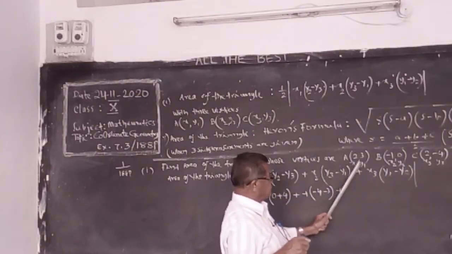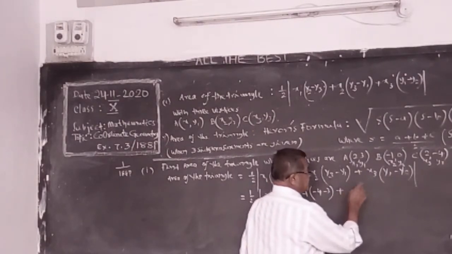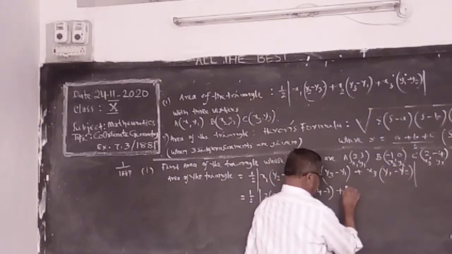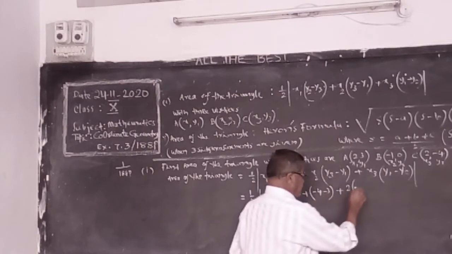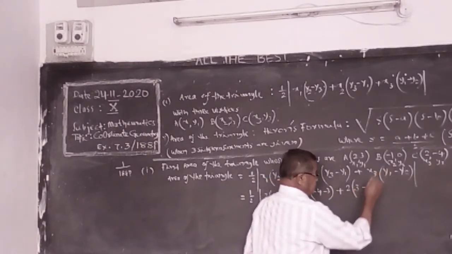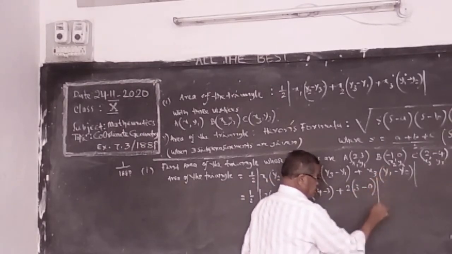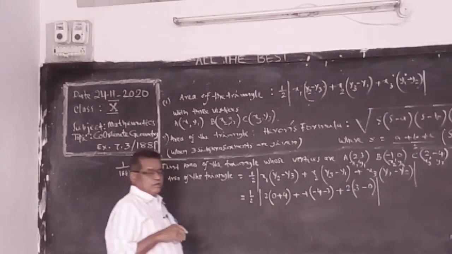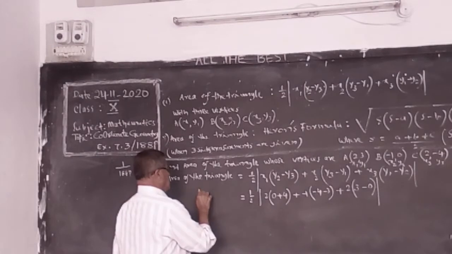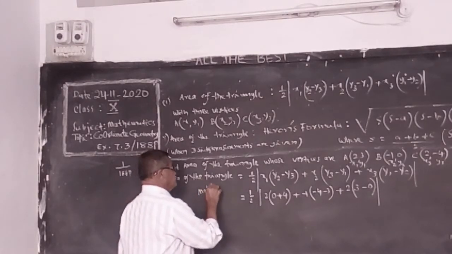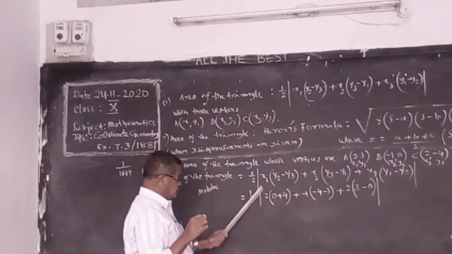In the third bracket, x3 is 2, of (y1 which is 3, minus y2 which is 0). This is the modulus.